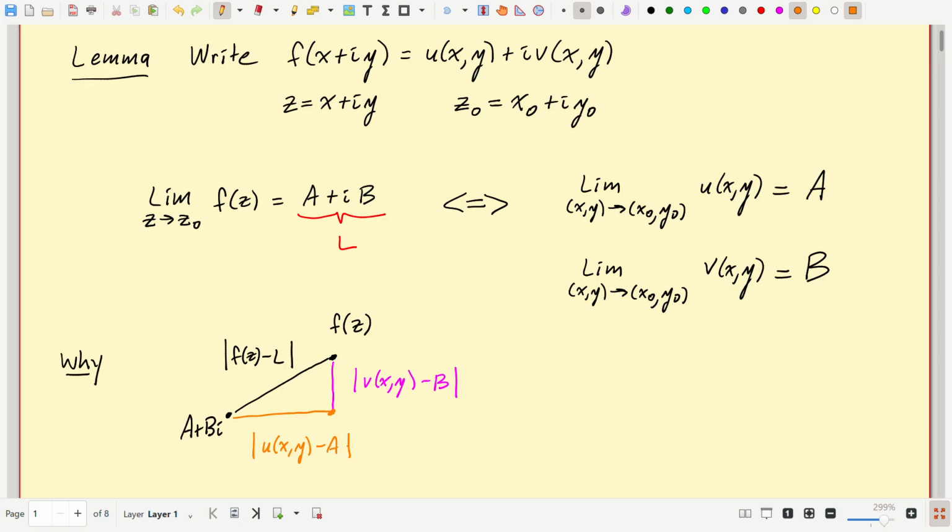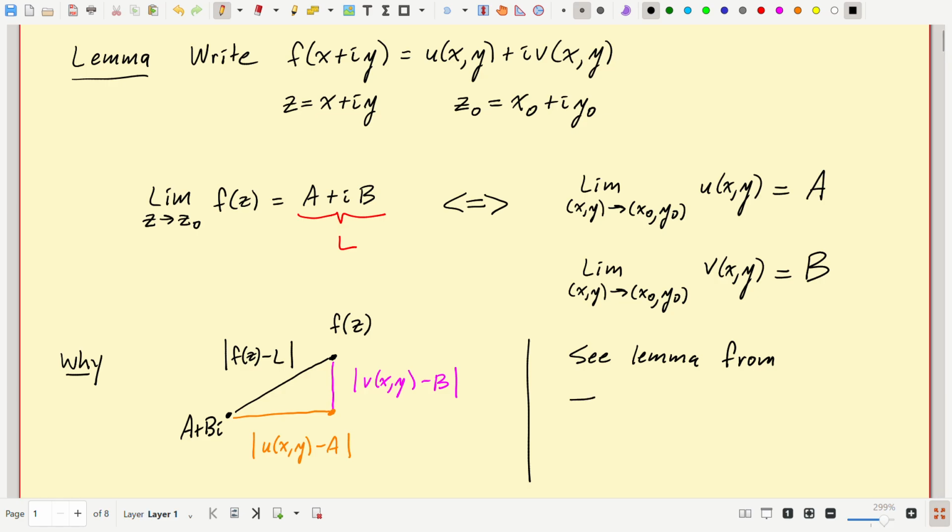And so the demonstration of this fact is simple. We see the lemma from, let's say if the limit is L, then the limits on the other side would be dominated by the hypotenuse.